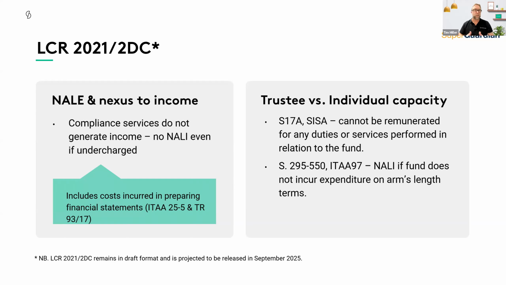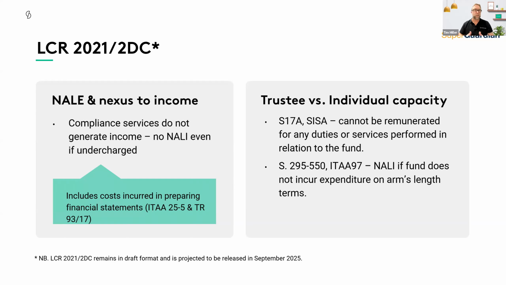And then I start to bring myself into the world of non-arm's length expenditure. We have to work out under what capacity am I doing the work, right? Am I doing it as a trustee? Because if I'm doing it as a trustee, then under no set of circumstances will it ever be non-arm's length income.